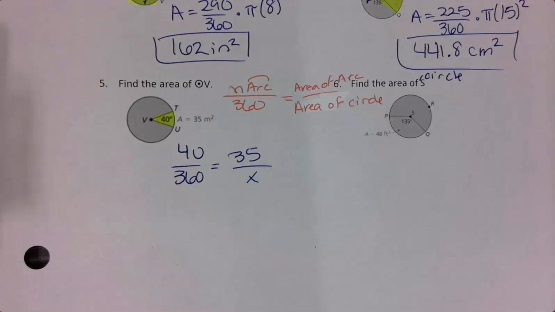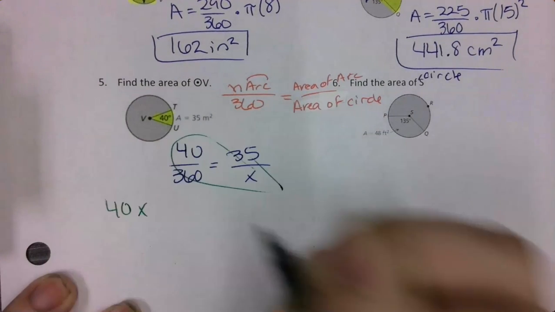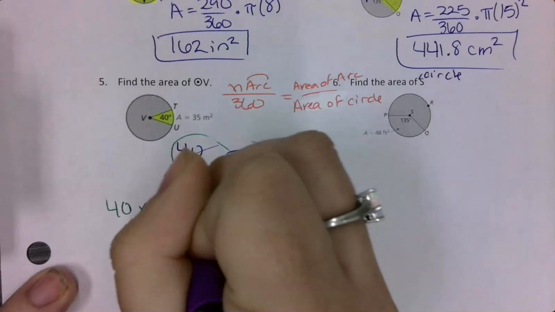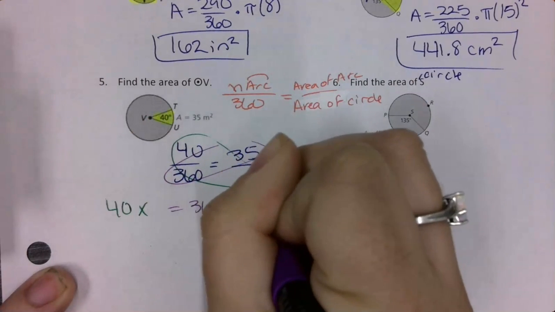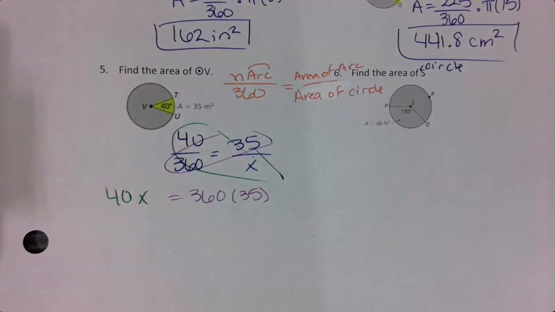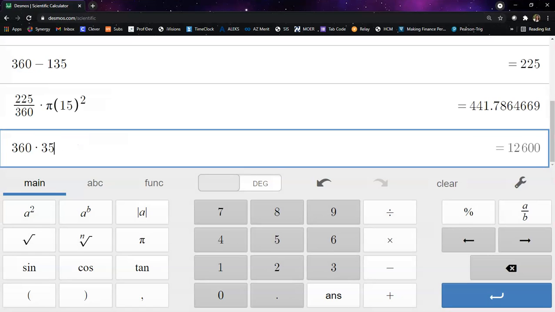Okay. So then I want to cross multiply. I'm going to have 40 times x, and then 360 times 35. So I can go to Desmos and multiply that 360 times the 35. Gives me 12,600.